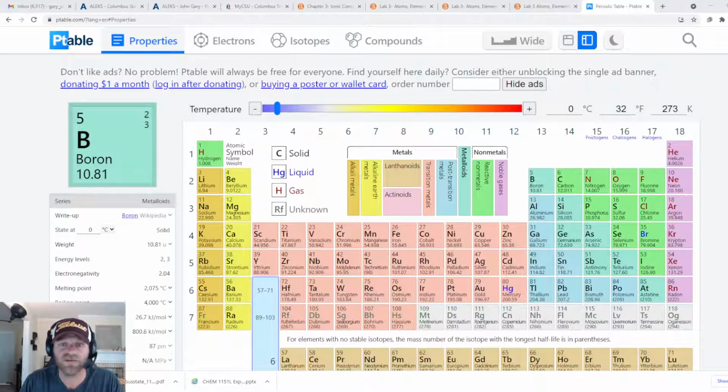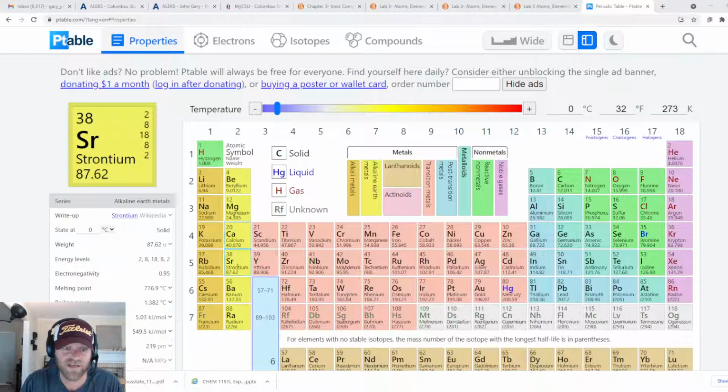Sometimes it'll tell you, other times it won't be that easy. But if you keep in mind that all of these have very predictable ion formations, then you can back-calculate which one it is. Similarly, on the far left, just for these first two groups, lithium, sodium, potassium, rubidium always have a plus 1 charge.